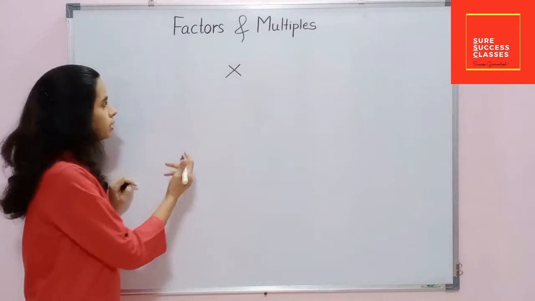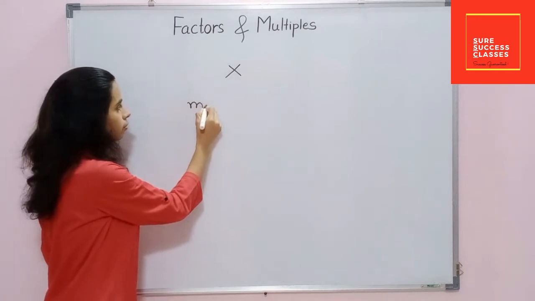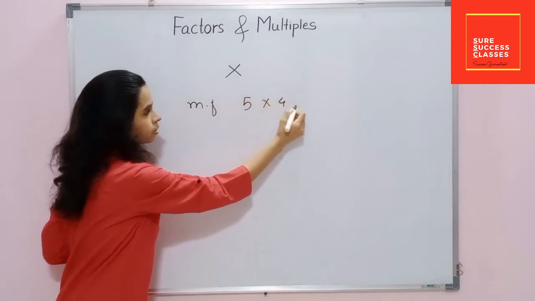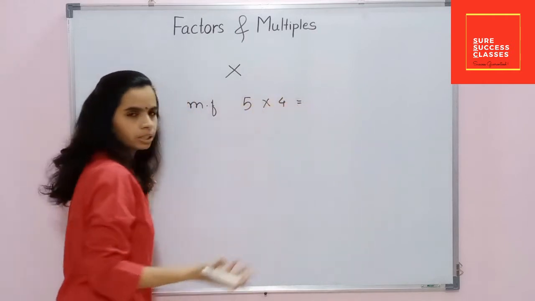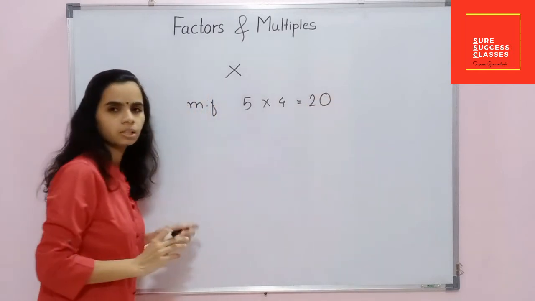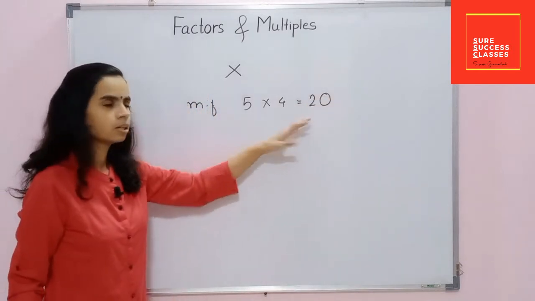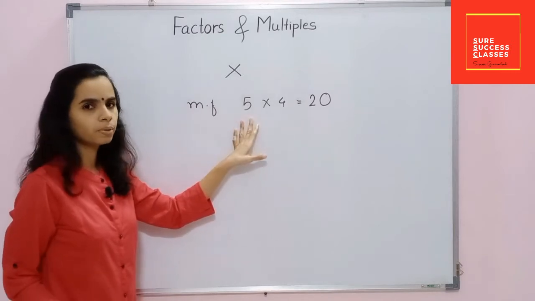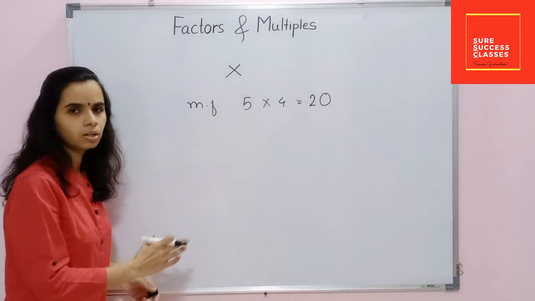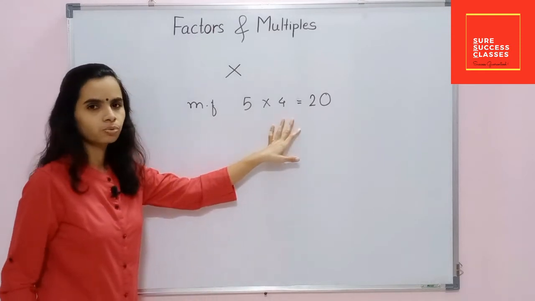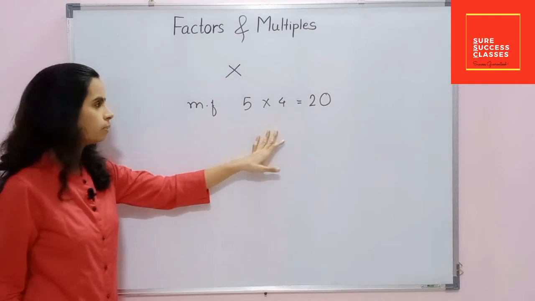If the multiplication fact is 5 into 4, at that time we will get the result 20. Here the result is called the product, and of these two numbers, the number we multiply is called the multiplicand, and the number by which we multiply is called the multiplier.